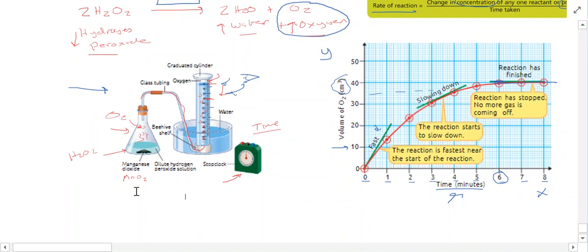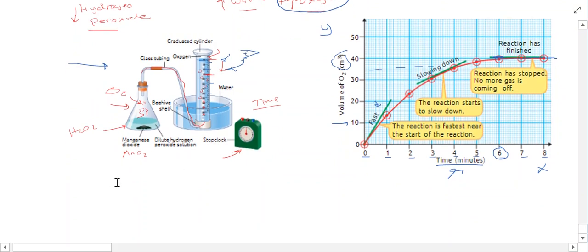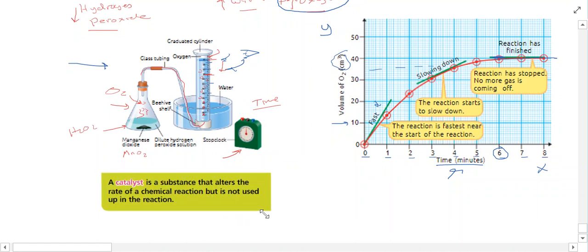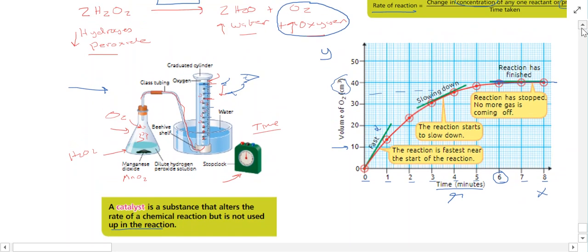So this is the official definition: a catalyst is a substance that alters the rate of a chemical reaction, but is not used up in the reaction itself.